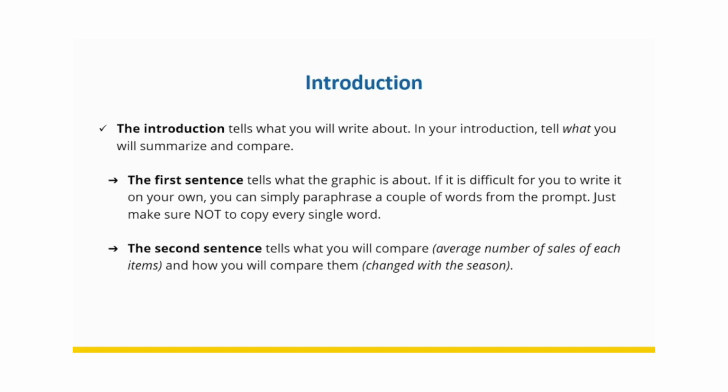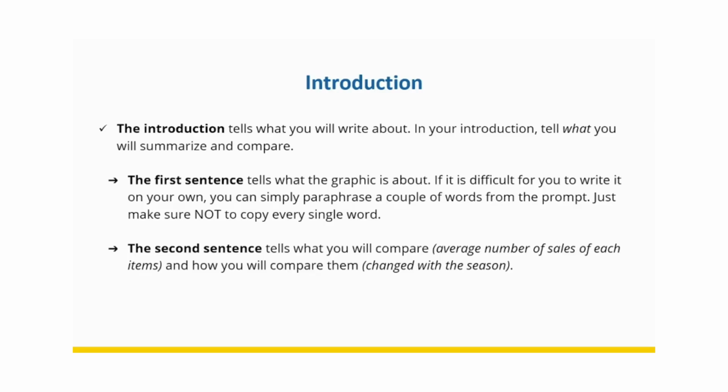Then in the second sentence, you need to tell what you will compare. So for example, average number of sales of each item and how you will compare them, if they change with the season, and so on. So the first sentence tells what the graphic is about. So you'll paraphrase a couple of words, like 2 to 3.